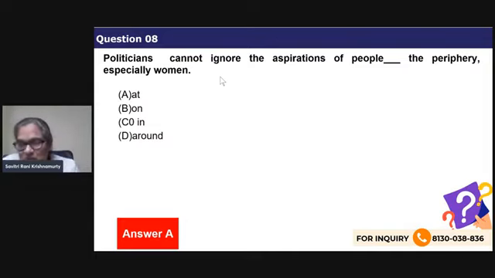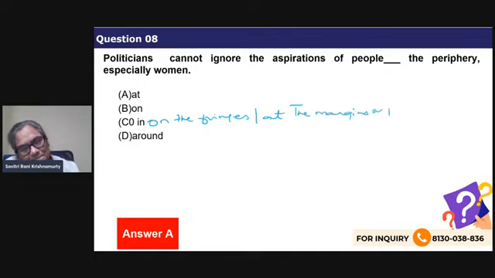Around the periphery won't work. We say people on the fringes, at the border, margins, or periphery, because they are at a point on the outer edge, but we don't say around.